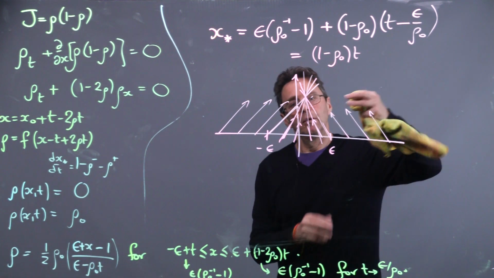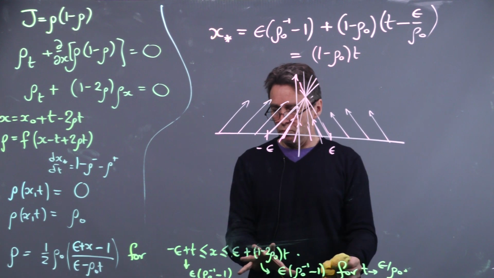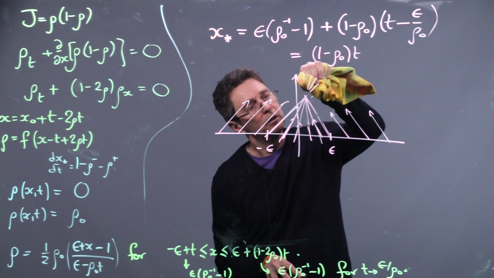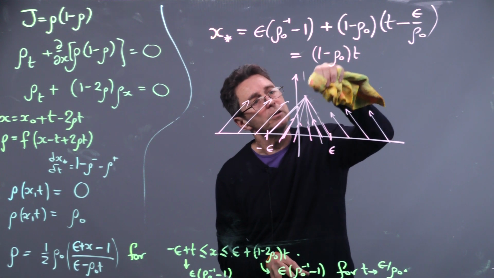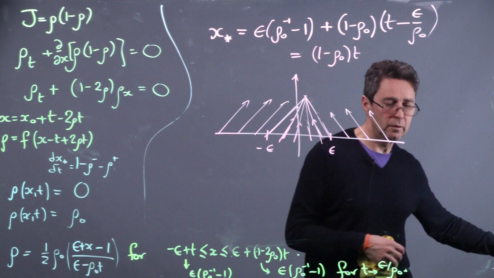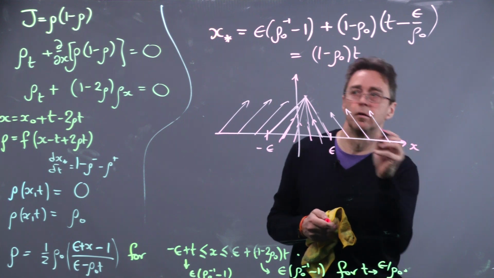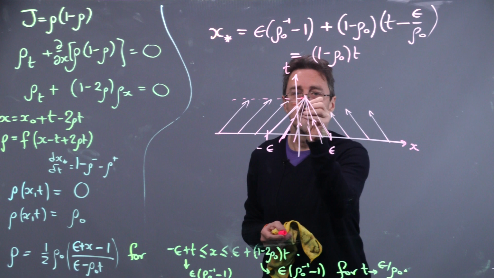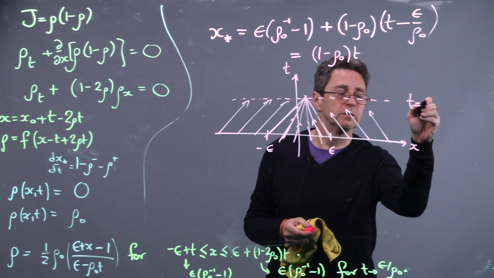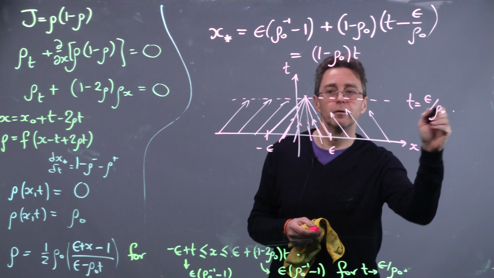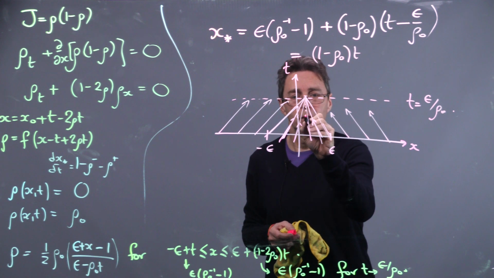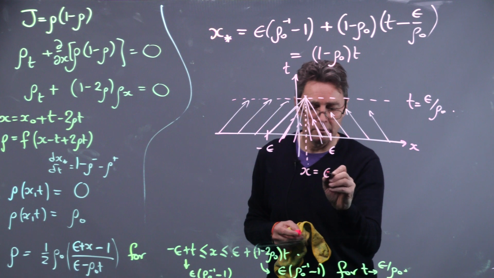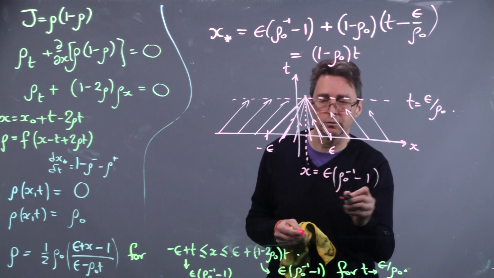Now, the issue was that we can't accept the multivalued solution that we get after that particular time. Instead, this is t equal to epsilon over rho naught, that point there, that's x equal to epsilon rho naught to the minus 1, minus 1.